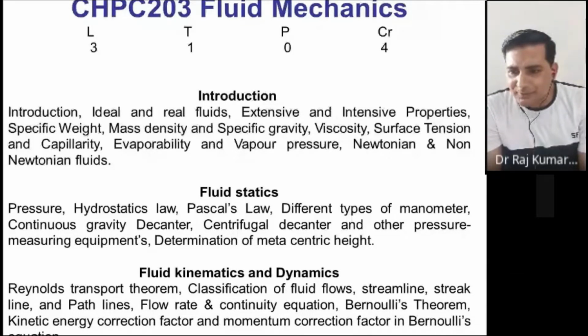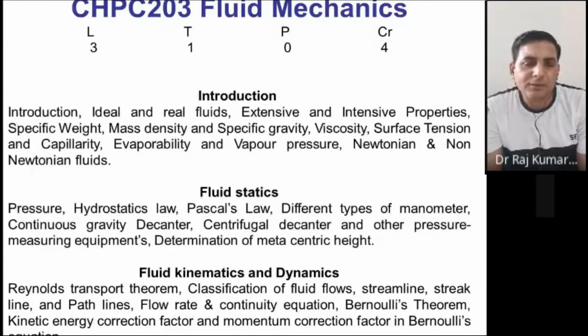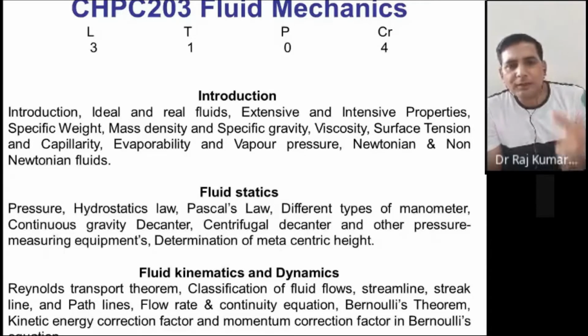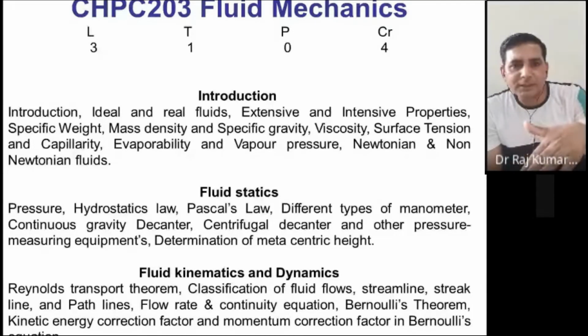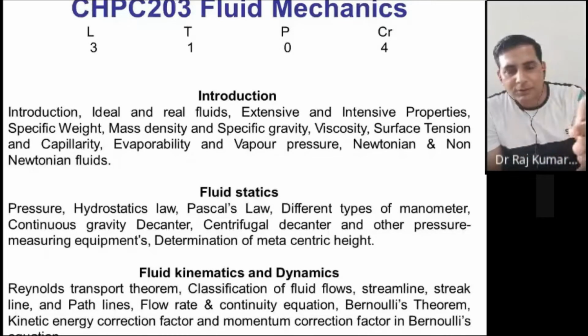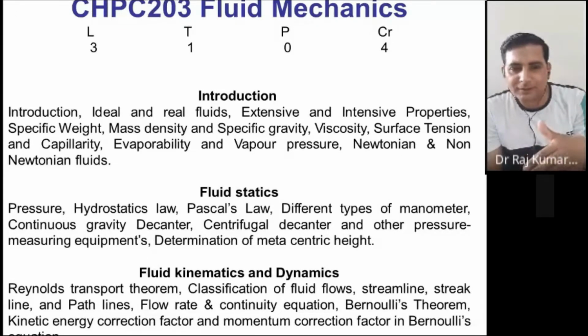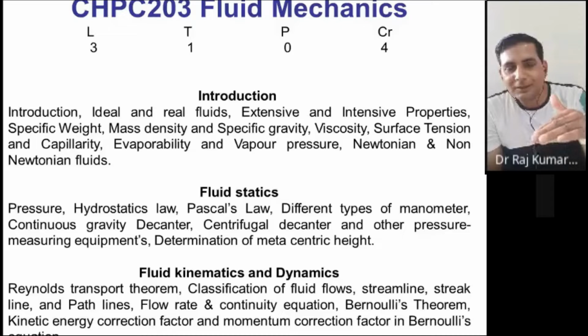Then you have centrifugal force, pressure measuring equipment, and something called metacentric height. This is just to measure the stability of a floating body. The time you put something on the fluid, either it may sink, or it may float, or it may submerge. There are three things: float, submerge, and sink.